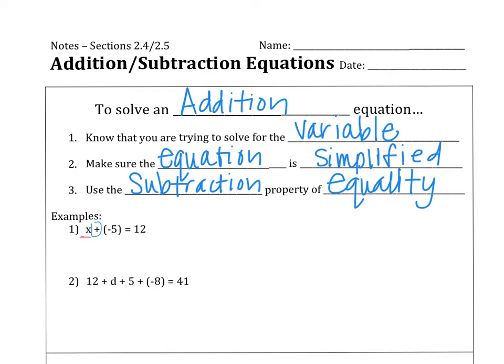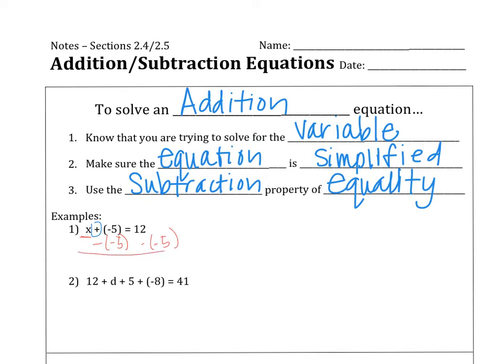So we want to make sure everything else makes it over to the other side. So our ending equation is going to be x equals. So since we are doing addition, then we are going to need to subtract -5, and we need to do this to both sides. Subtract -5 on both sides.